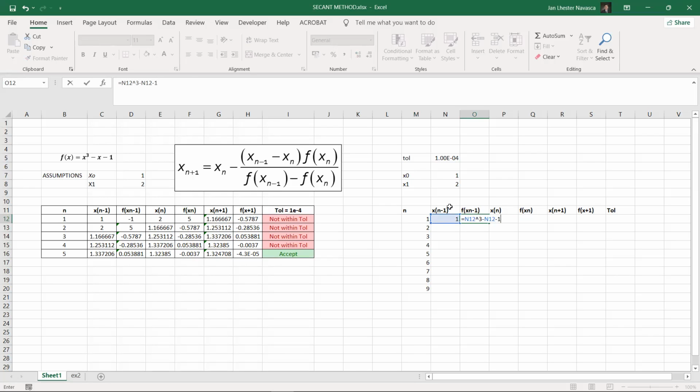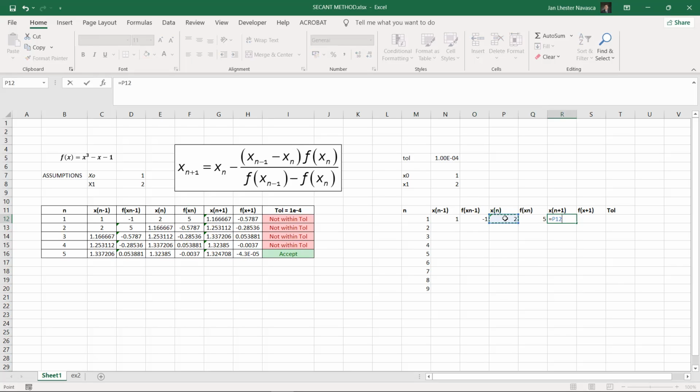Then also dito naman sa f of x sub n, syempre, press equal sign, then x cube, kung ano yung value dito, cube minus ito minus 1.